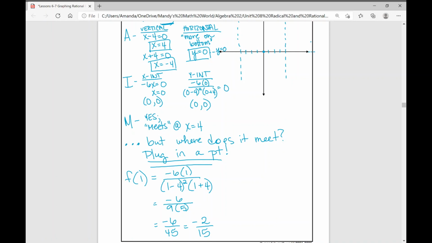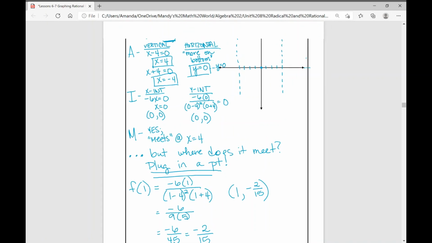So what does that tell me? That tells me that (1, negative 2/15) is a point on this graph.